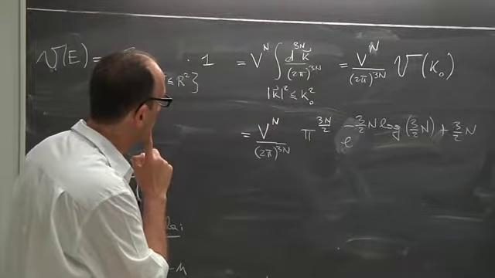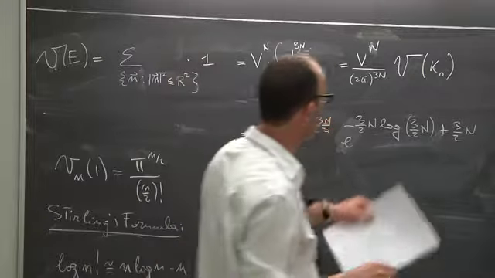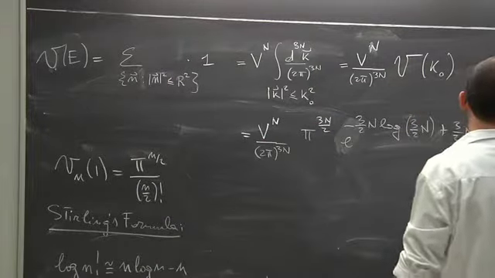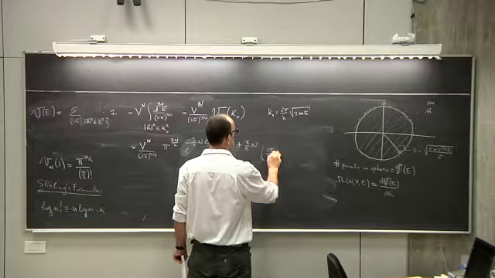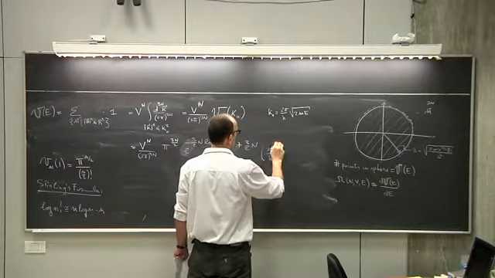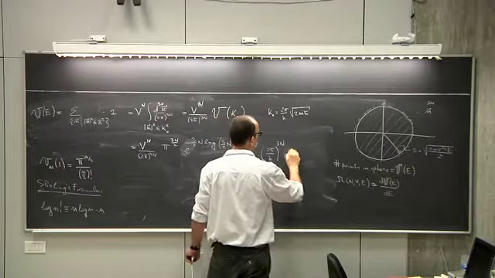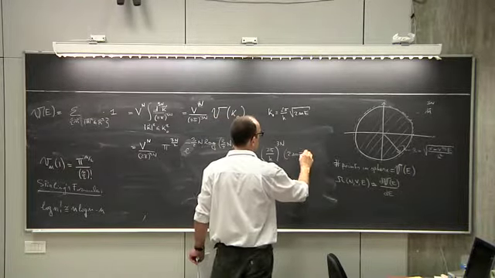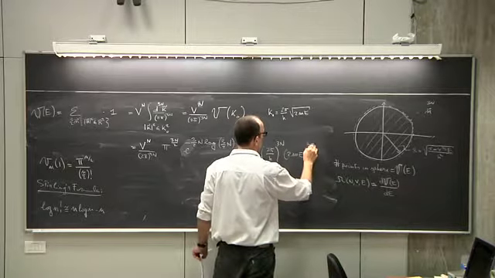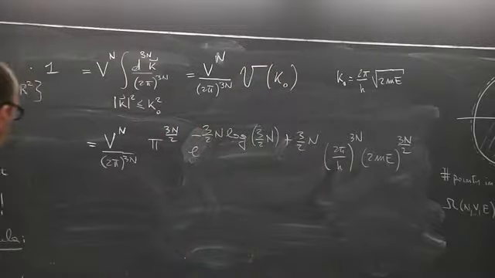And then I have k0 to the power n, which is 2 pi to the power 3n over h to the power 3n times 2m e to the power 3n over 2. Okay.